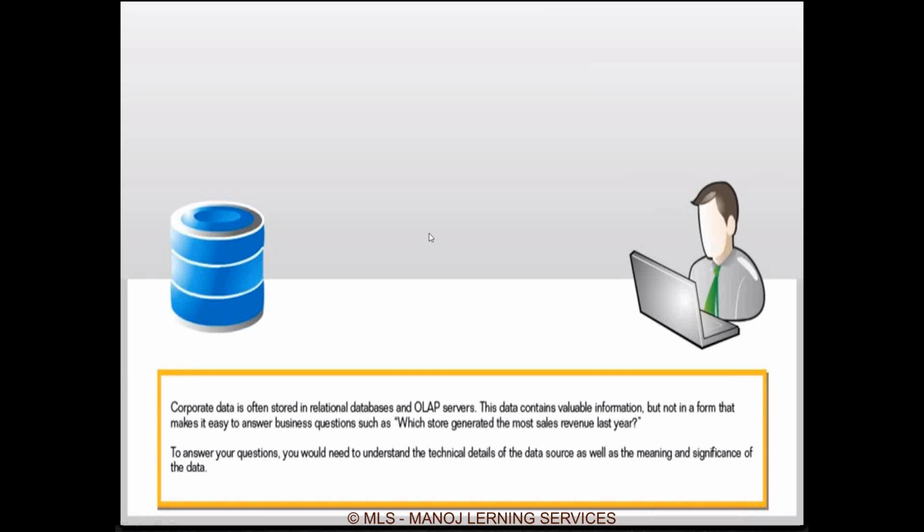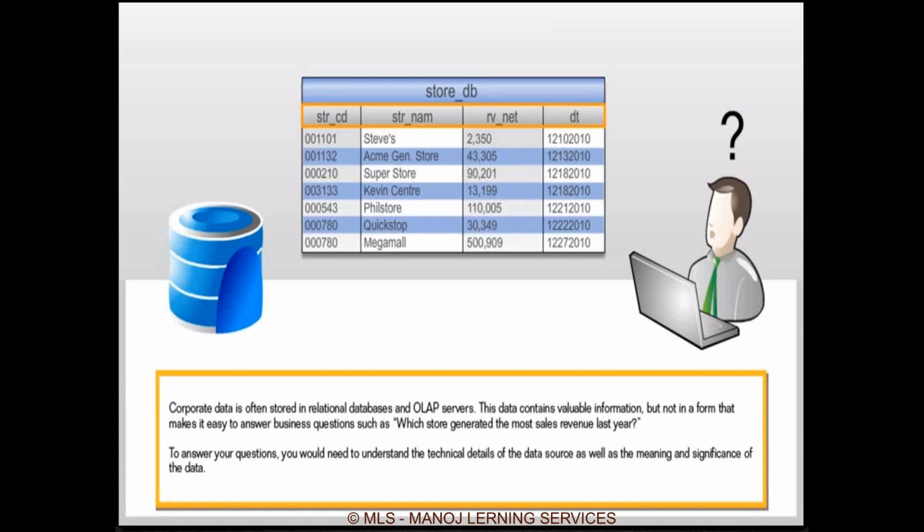So they start looking into the database, and what they find is that the database structure is complex. Look at this table, store_DB, where we have store code, store name, revenue net generated, and the date of this revenue generation.